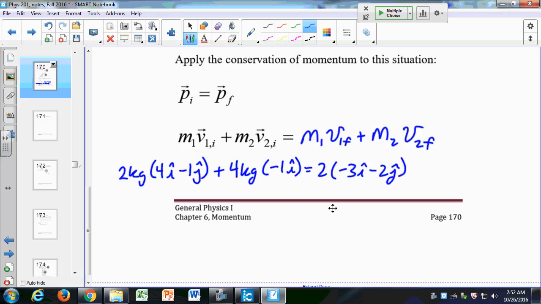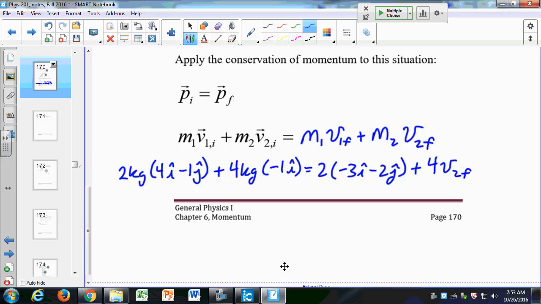I have to be careful with my IJK vector notation that I don't leave them off, because they give you very valuable information. Now, I want to solve this for V2 final in such a way that I retain the vector information. So I'll group my I terms together and group my J terms together, and that'll be my solution for V2 final.